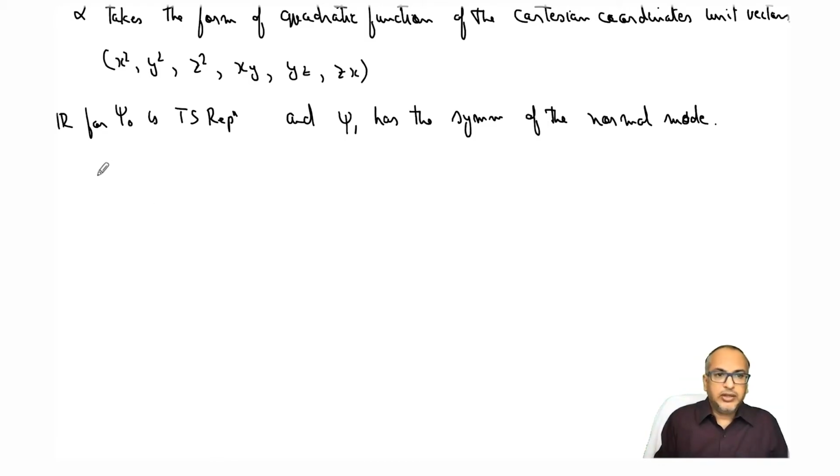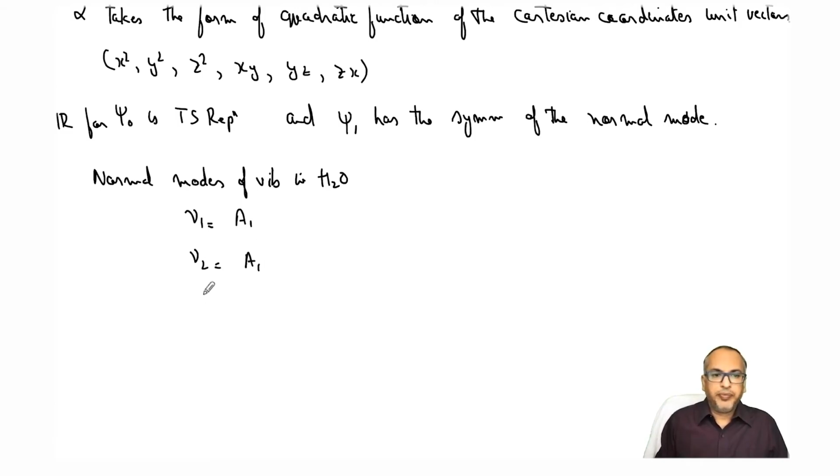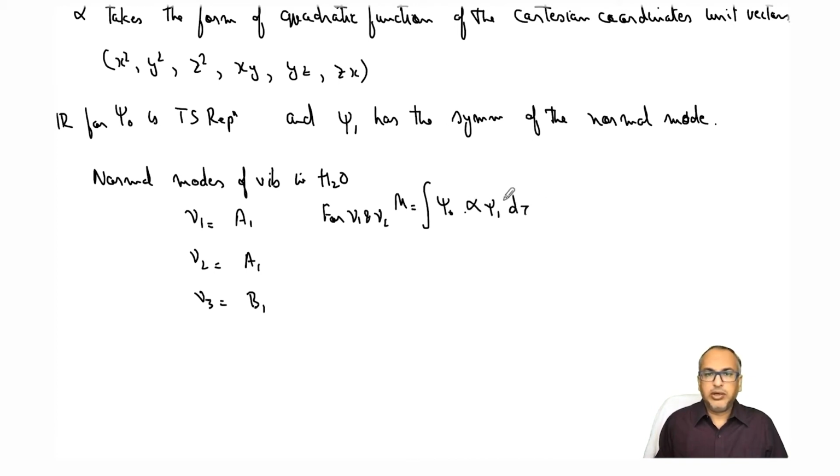So now let's see the normal modes of vibration in H2O, and write them systematically. nu1 is A1, nu2 is A1, and nu3 is B1, right? For nu1 and nu2, m is equal to the integral of psi 0 alpha psi 1 star d tau.